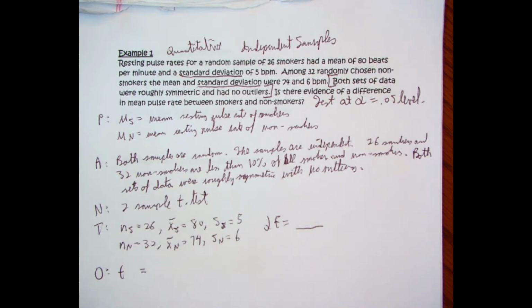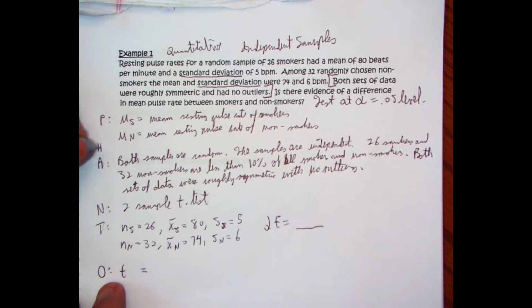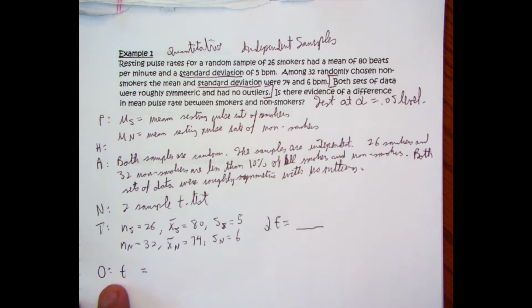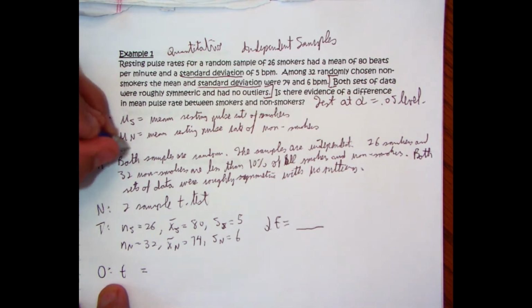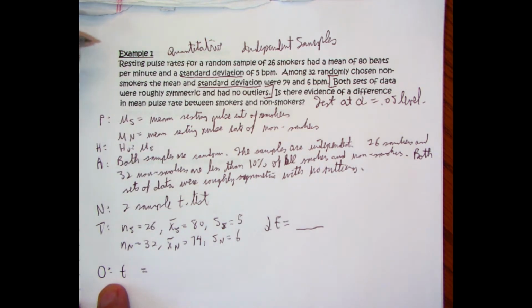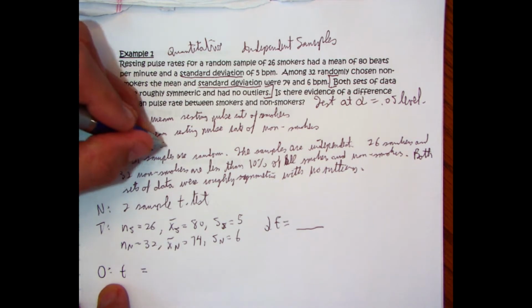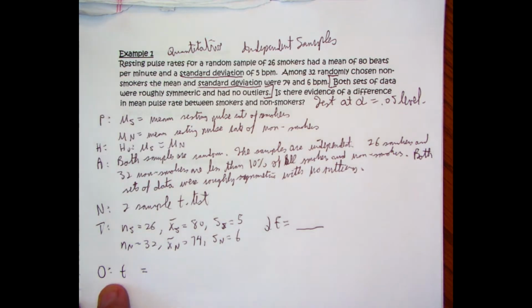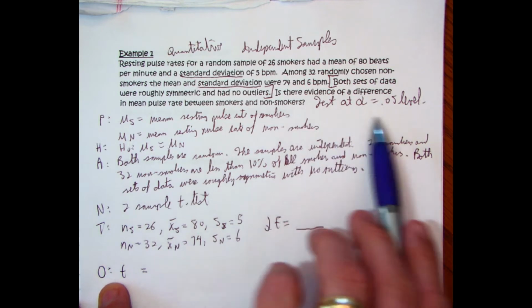oh shoot, forgot to write my hypotheses, didn't I? Okay, let's go back up here. Our null hypothesis is that the mean pulse rate for smokers equals the mean for non-smokers. Now they asked, is there evidence of a difference?